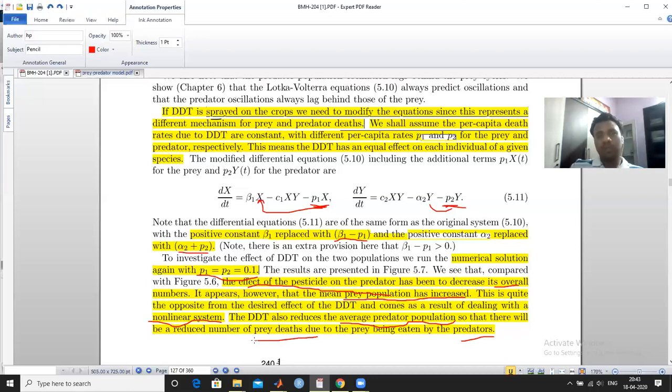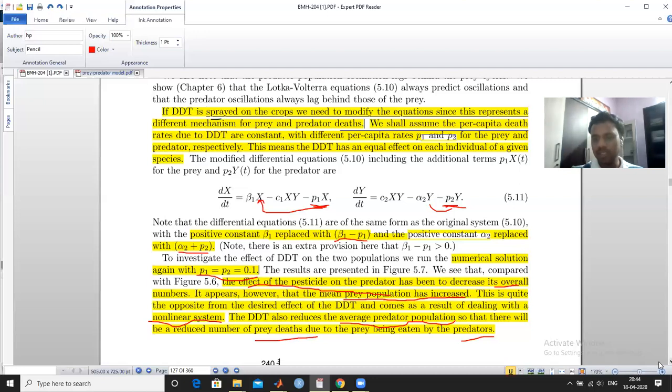But our desired result was that the population of prey should be decreased, but here the population of prey is increasing. In some cases DDT works, and in some cases DDT does not work. It depends upon the model, and it is due to the non-linearity that these conditions appear.